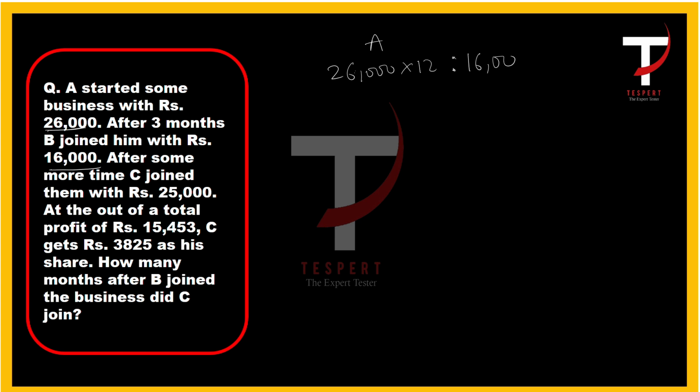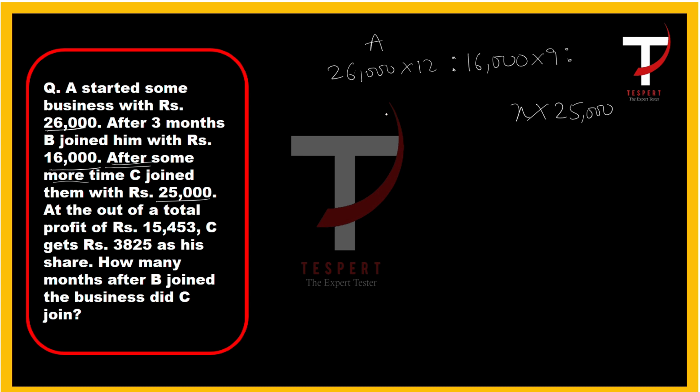So he invested 16,000 for 9 months. And what about C? We do not know after how many months he invested, right? After some time, we do not know exactly. So let it be X. And how much did he invest? He invested 25,000. So we must calculate the value of X here.